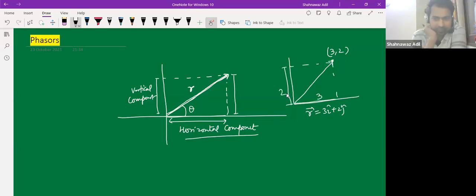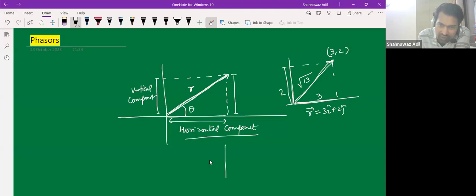And the magnitude is root of 9 plus 4, root 13. So we can write it in the horizontal component and in the vertical component.